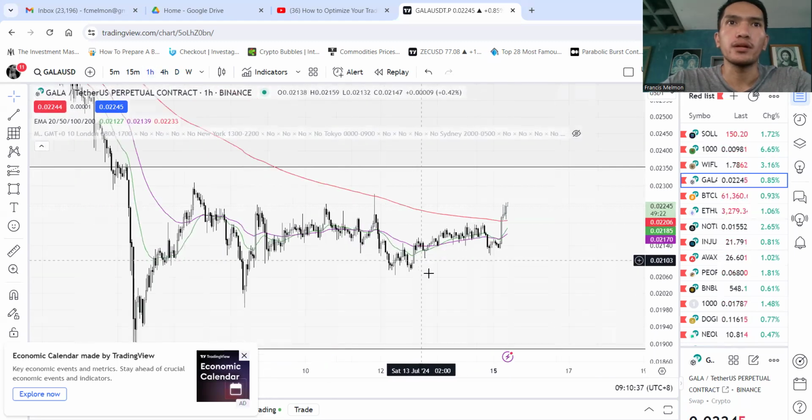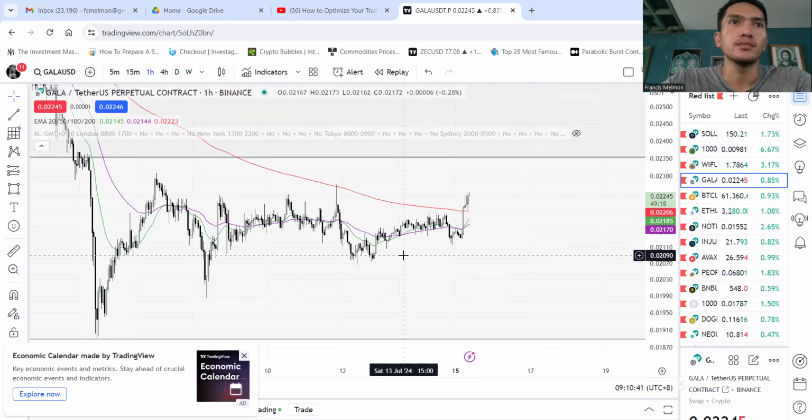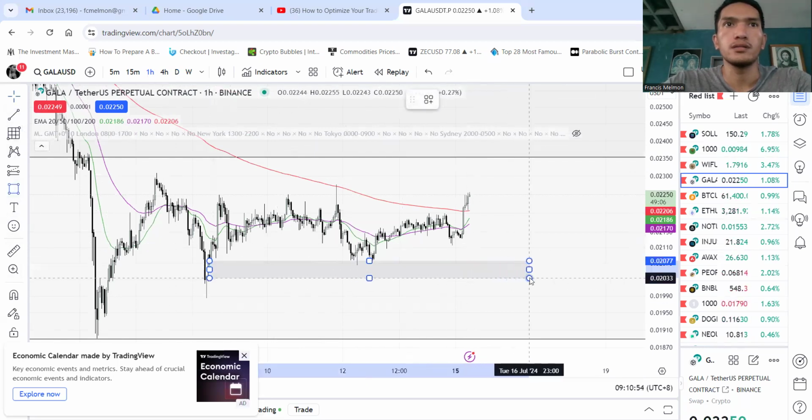So if we are going to look for an opportunity for entry long, we could at least find it in this area, okay, in this area.